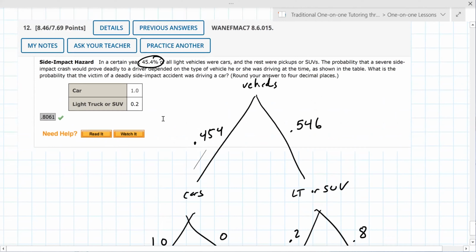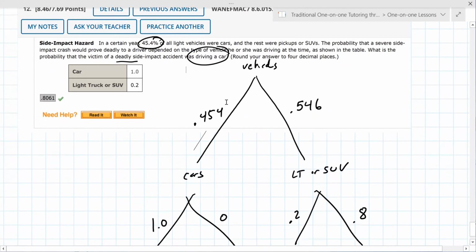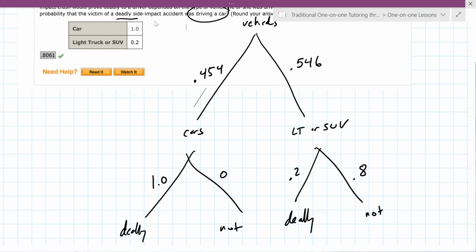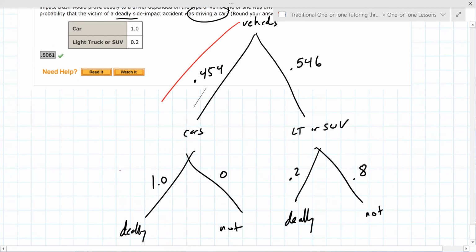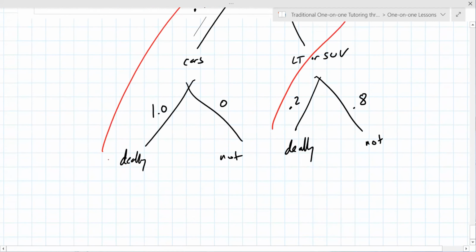Okay, now what do we want here? What's the probability that a victim is dead, which is horrible, but that they were driving a car? So we need to get the paths that get them to the dead side. And it's not always this, but it does seem to be following this pattern. And then we care about the ones driving cars down here.